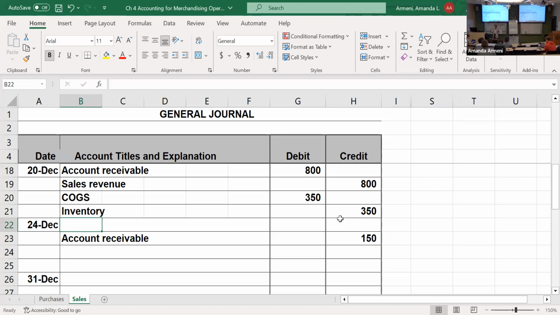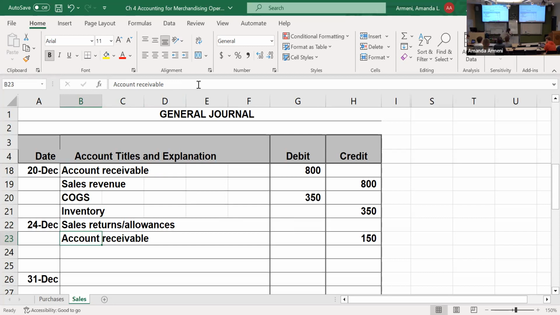But we know we have to show that $150 of that total amount is actually not really sales revenue because they returned the stuff to us. So the new contra revenue account that we're going to use here on December 24th is sales, returns, and allowances. It is doing the exact same thing that the sales discount account did.